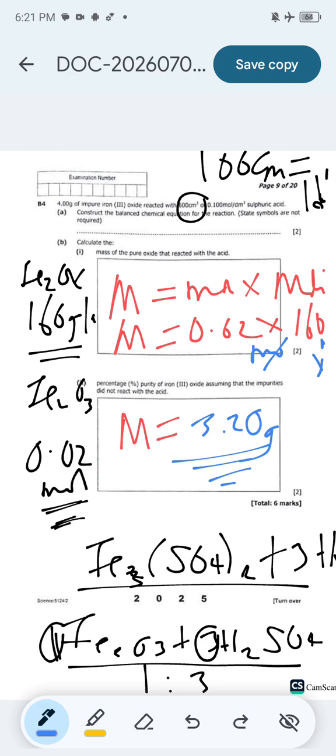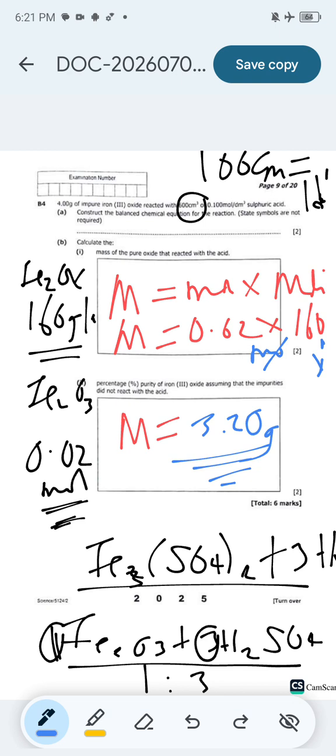The steps are simple, you just follow them step by step. So stoichiometry is all about writing a balanced equation, finding the number of moles of known substances, and then using the same mole ratios to find the substances that are not known. You find first the moles of the known substance. For example, we had sulfuric acid as the known substance.